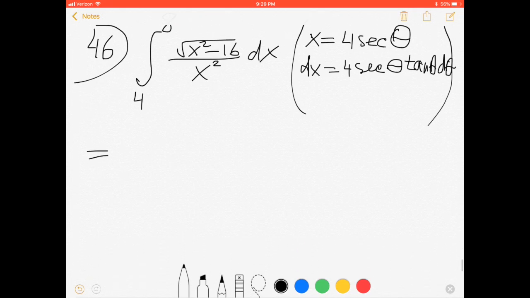Now we're ready to write. Okay, how do you remember? The root will be 16 secant square minus 16.